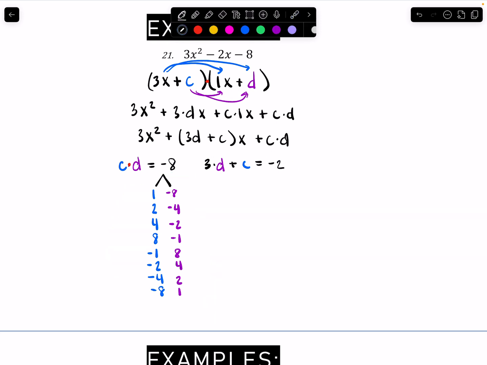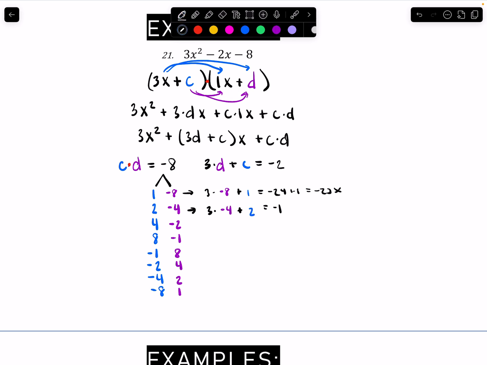So we come over here and we say, okay, 3 times -8 plus 1 gives me a -24 plus 1 gives me a -23. That's not what we want. We want a -2. So that's not the combination we need. What about this one? Well, that's 3 times -4 plus 2.